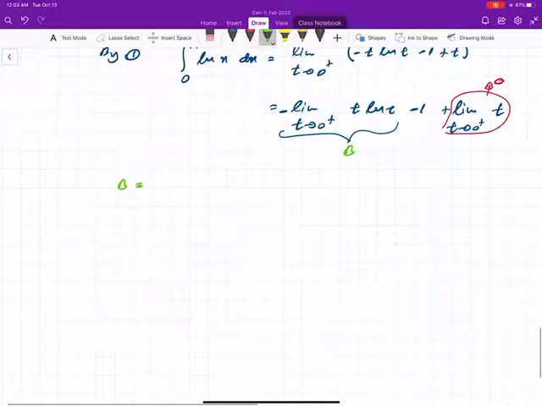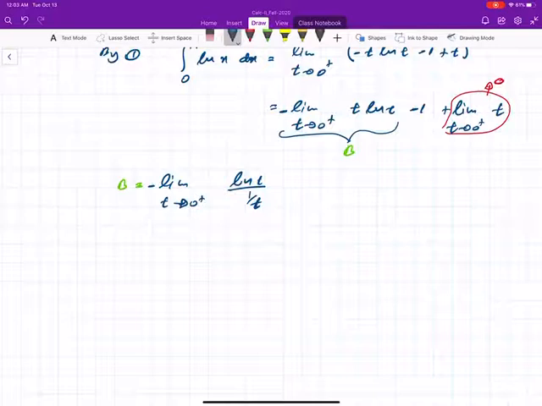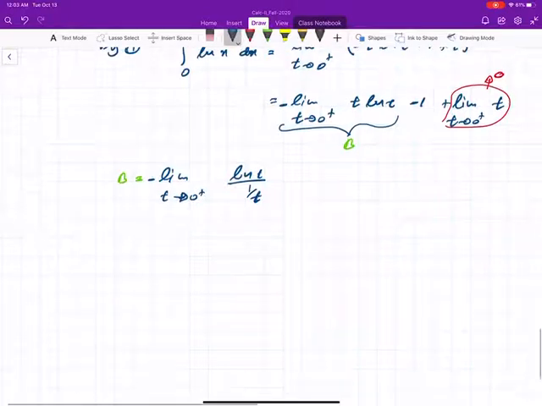Part B equals the limit, let's say negative, as t goes to 0 from the positive direction. Then I write t times ln t as ln t over 1 over t. I'm just writing it like that because L'Hopital's rule works like that.